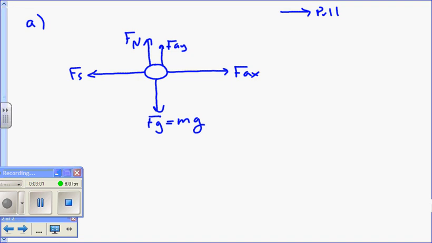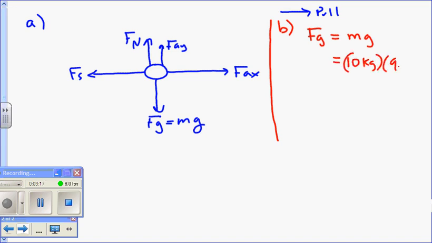In part B, very simply asks us to find the gravity force acting on Charlie. So Fg equals mg equals his mass of 10 kilograms times 9.8 newtons per kilogram.